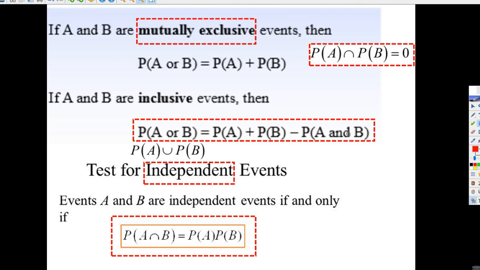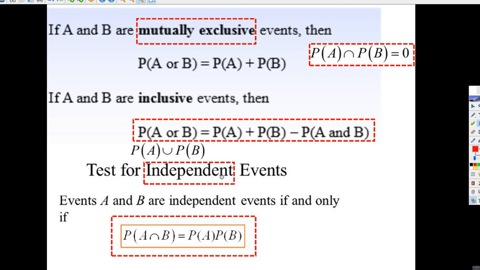But the addition rule you should always write down. It actually works for mutually exclusive or inclusive events, because if the intersection is 0, you just end up with the earlier statement. But it always works. The probability of A or B, sometimes written as A union B, is the probability of A plus the probability of B, but you subtract that intersection to get the right answer.